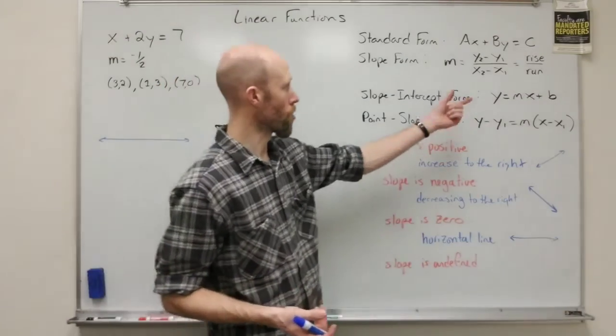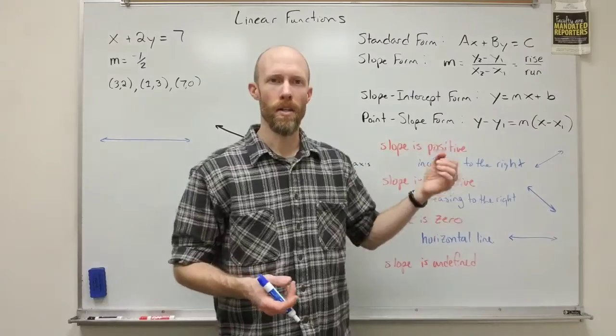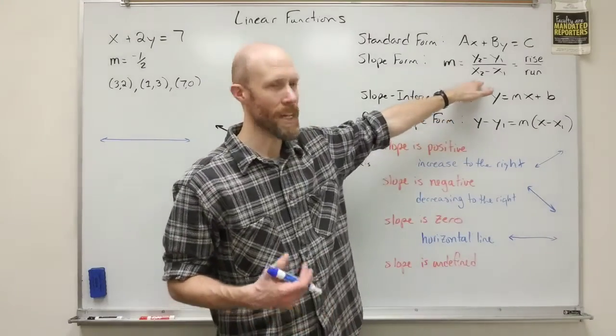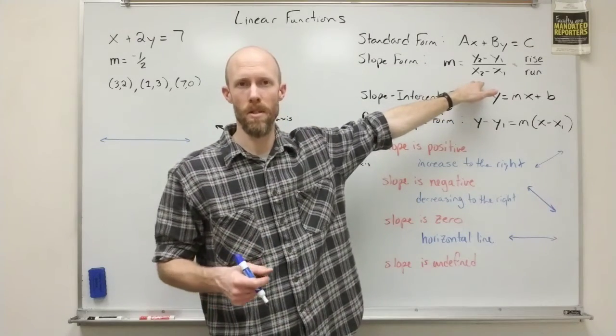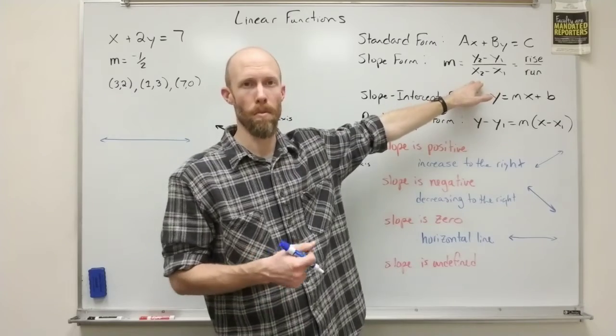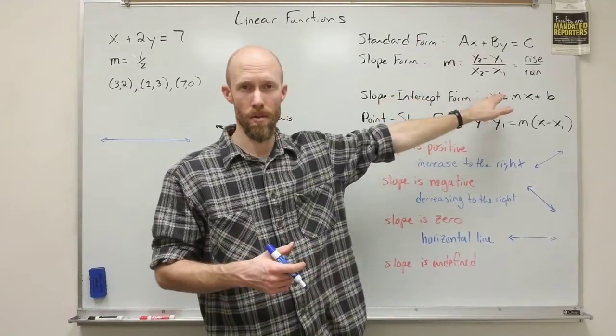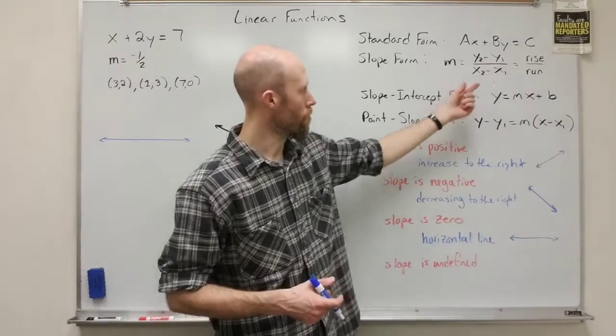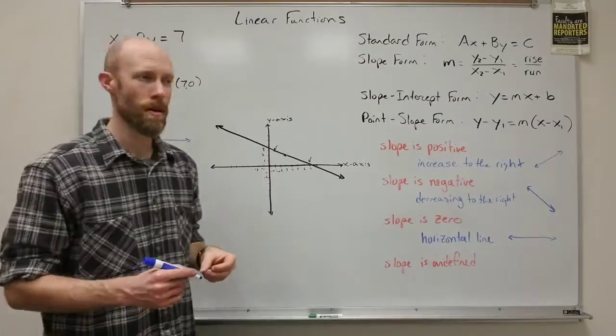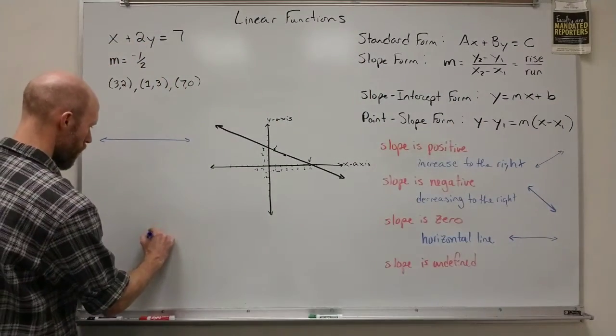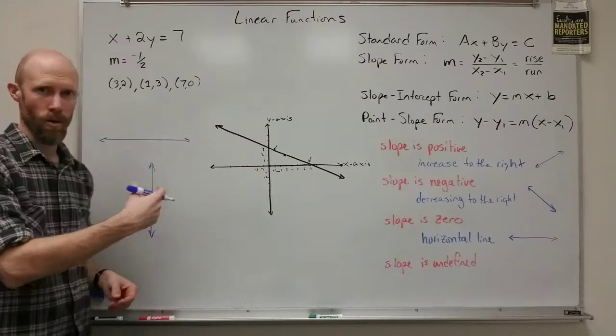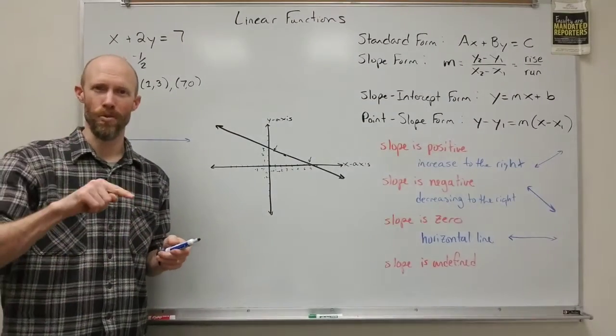Undefined slopes occur when the run is 0, right? So if you had a fraction and you were dividing by 0, we can't do that. Division by 0 is undefined. There's no such number that is something divided by 0. And so if your run is 0, that means your graph is going up, but it's not going over. Okay, it's going straight up or straight down.